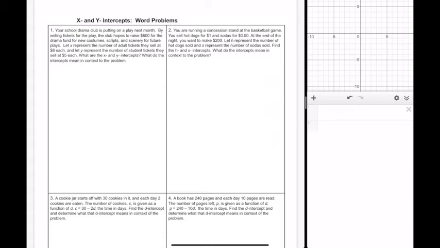So first we want to list out what we know. So here are the things that we know. We know that the club hopes to raise $600 total.